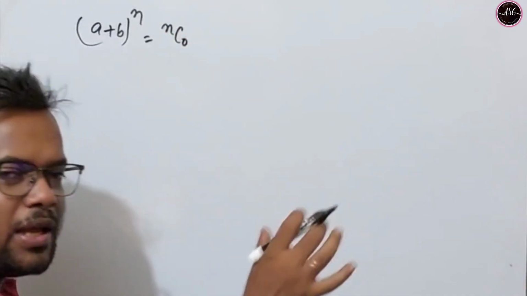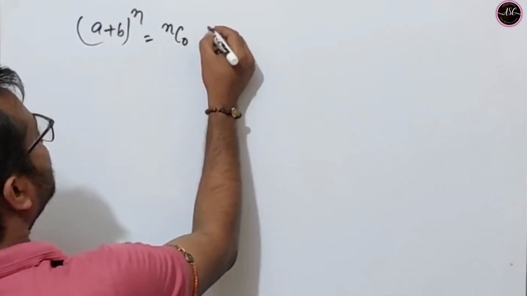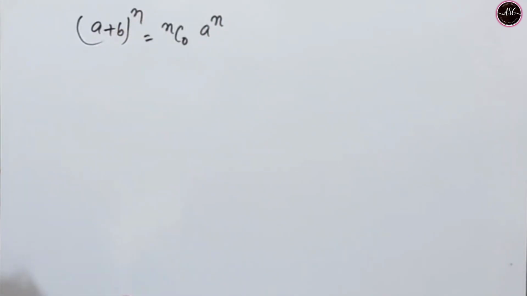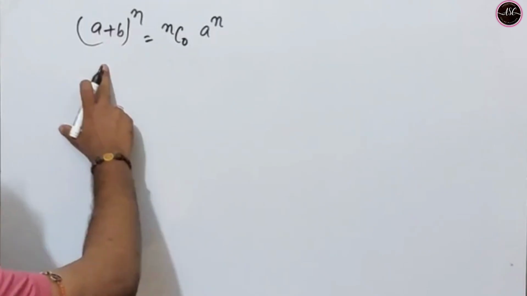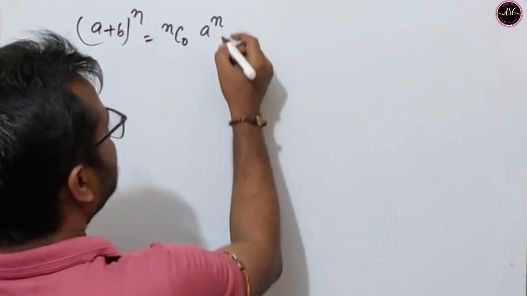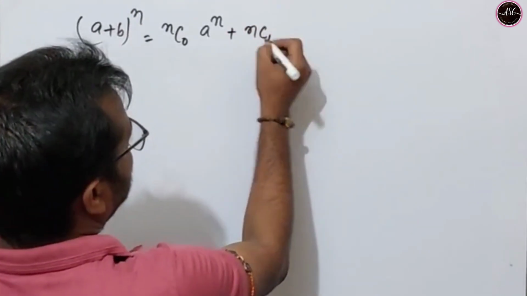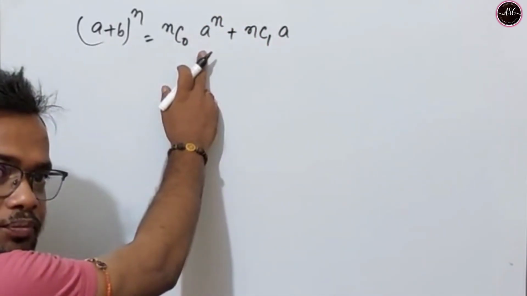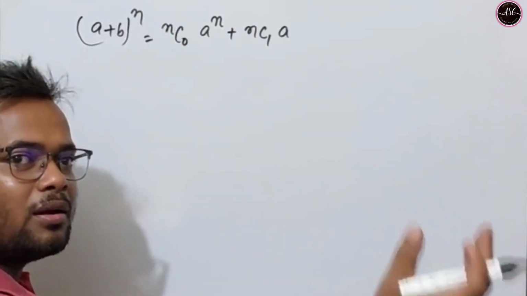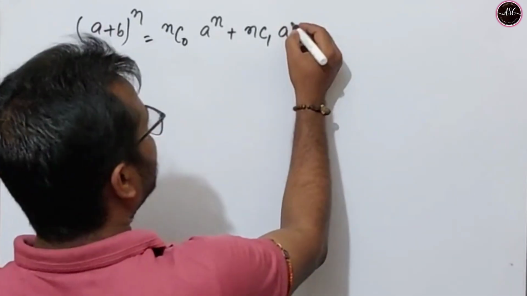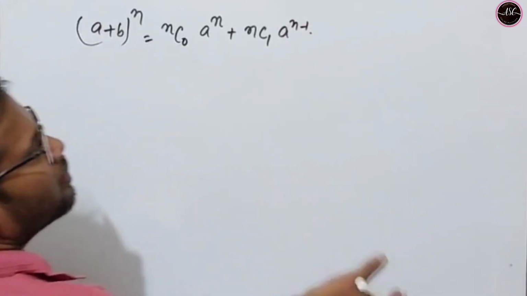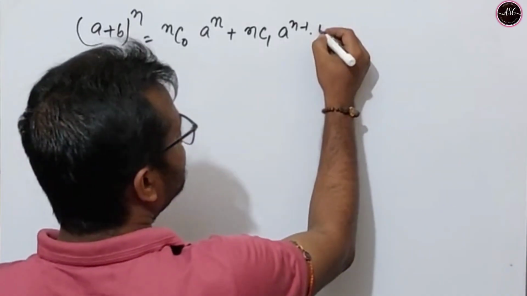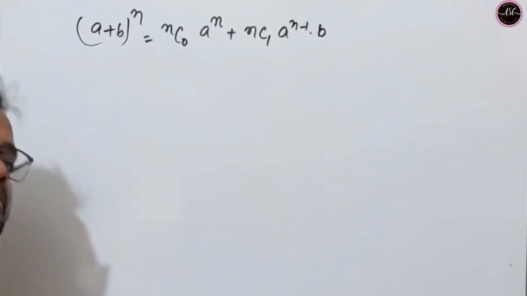Here in every expression we have seen that the first term power will be the same as this term, and after that there will be NC1. Here the power of the first term will be decreasing by 1, that means n minus 1, and when decreasing by 1, then the second term will arise.